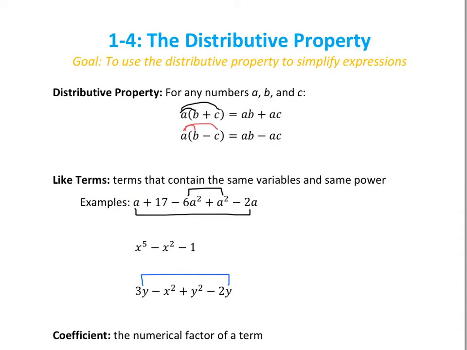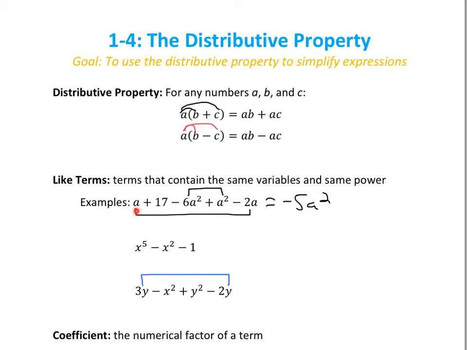So what you can do with like terms is you can actually simplify like terms. You can combine them together and add and subtract them. So this negative 6a squared plus a 1a squared, right? Since there's no number in front of the a squared, you assume it's a 1. So negative 6 plus 1 is going to be negative 5a squared. Right?